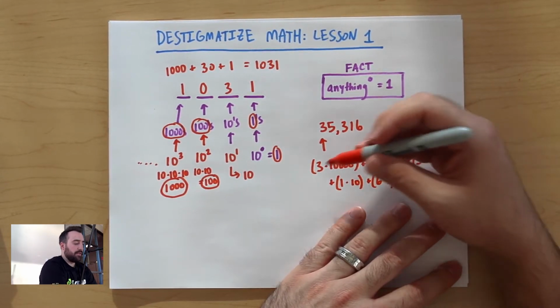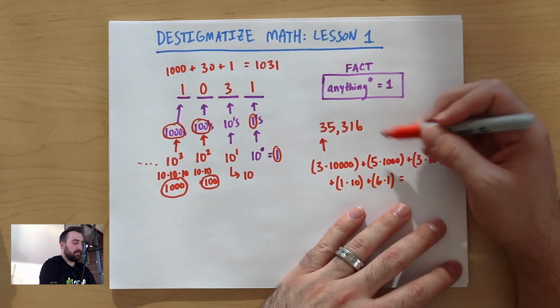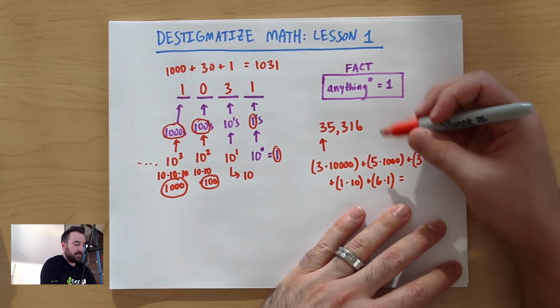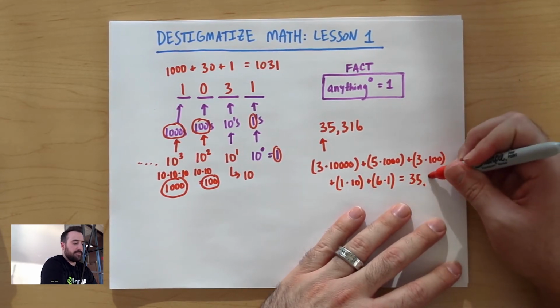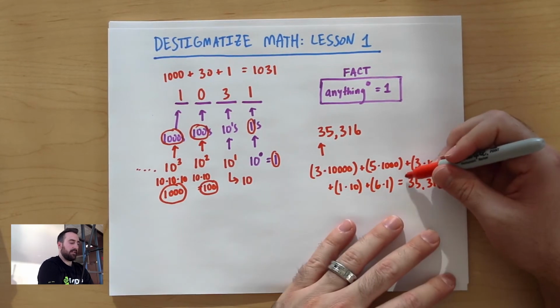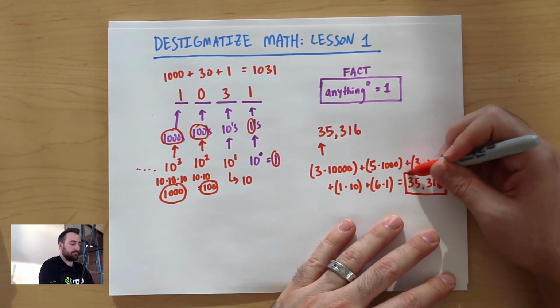So if you add those up, that's 30,000 plus 5,000 plus 300 plus 16, which gives me 35,316. And that's exactly what we would expect.